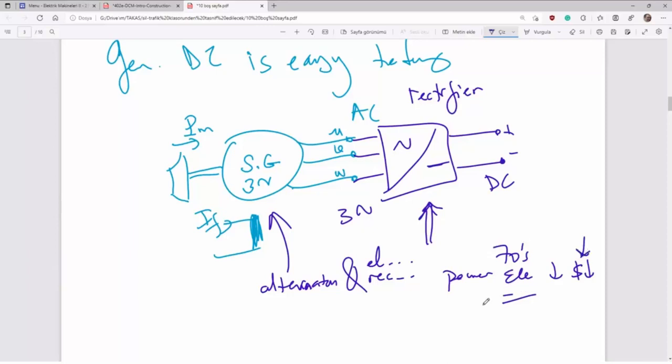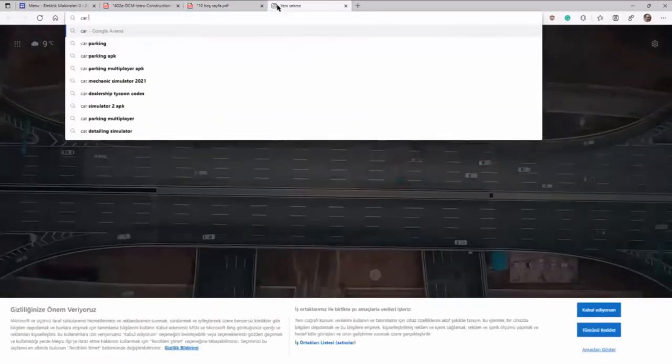But after the 70s, power electronics diodes get cheaper and cheaper. So instead of using a DC dynamo, we have changed topology into an alternator rectifier combination. Let's say a car alternator.